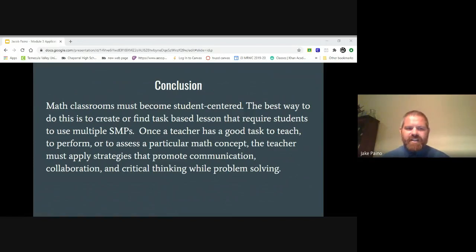It's essential that students are doing this in our classrooms. So these strategies help, but it really starts with getting a good task-based lesson, and then applying these strategies.